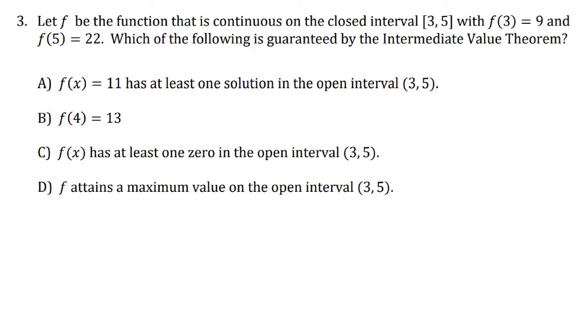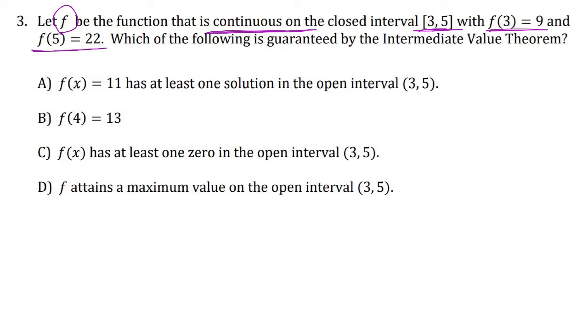All right, number 3 is an intermediate value theorem problem. And we do have to examine the pieces that we have to be sure are present. One, f is continuous. We have this closed interval. And we're given our f at A and f at B values. So we do have to remember here we're looking to see if there's an x value that exists.